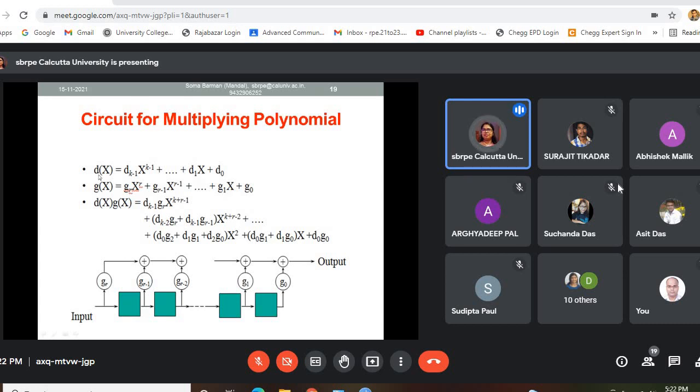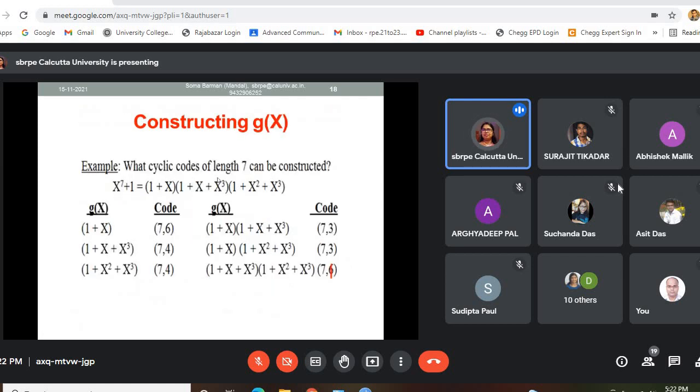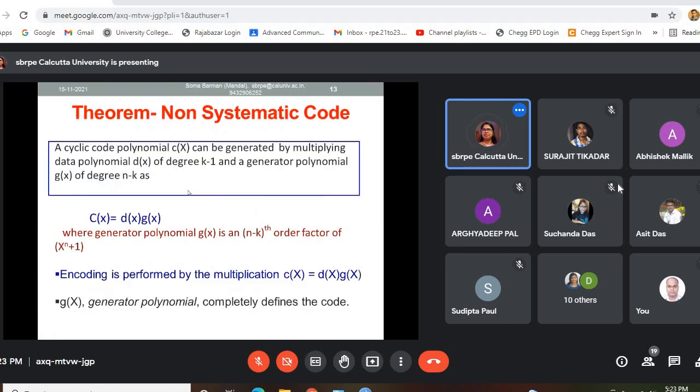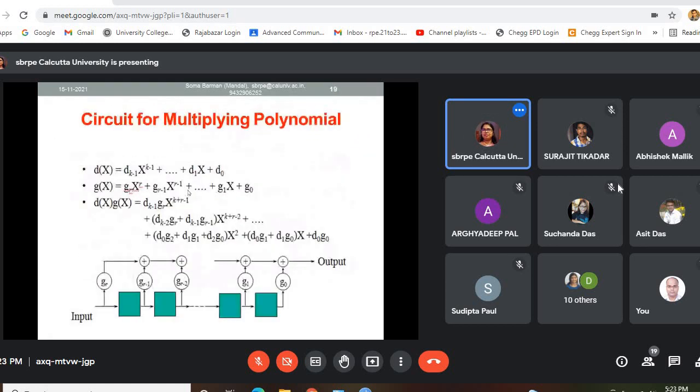Your data polynomial is D0, then D1 x to the power 1, and the last is D(k minus 1) x to the power k minus 1, because you have k message bits.